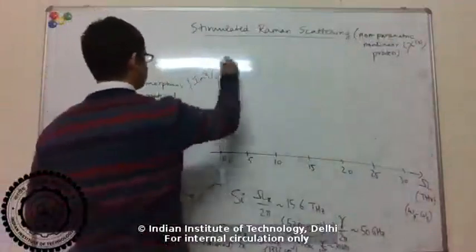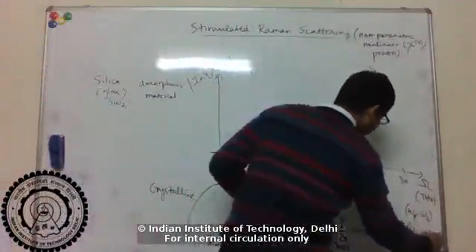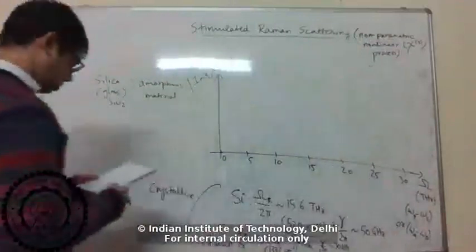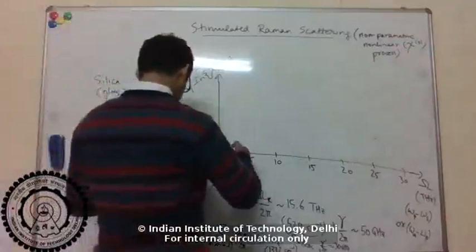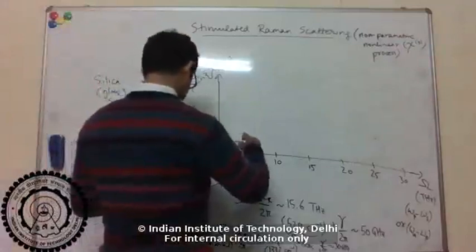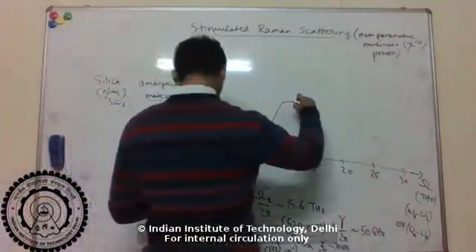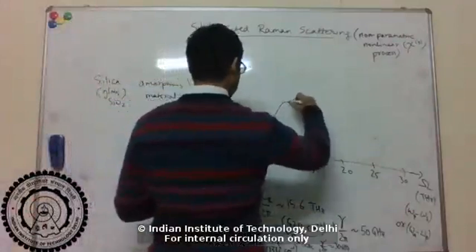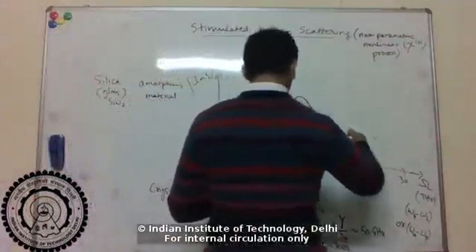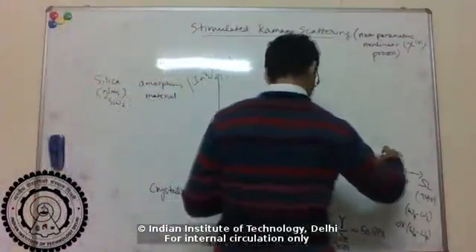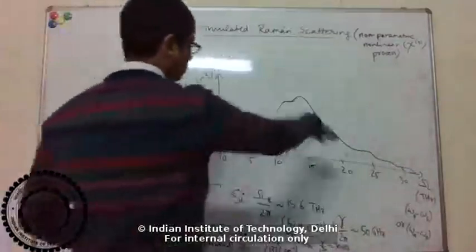Or equivalently, if you're looking on the anti-Stokes side, it's omega a minus omega p. Okay, so it looks very complicated like this. It doesn't look like a nice Lorentzian.